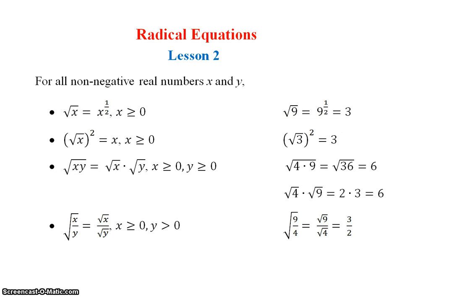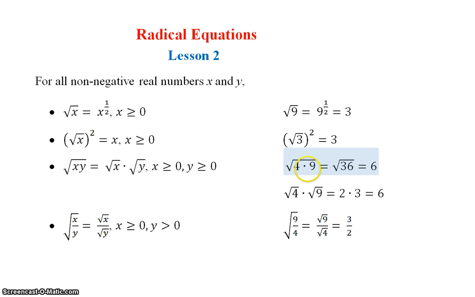The next property. Square root of the product of two non-negative real numbers x and y equals the product of the square roots of these two numbers. For example, square root of 4 times 9 we can evaluate two different ways.